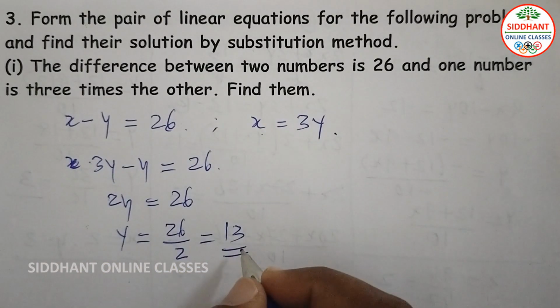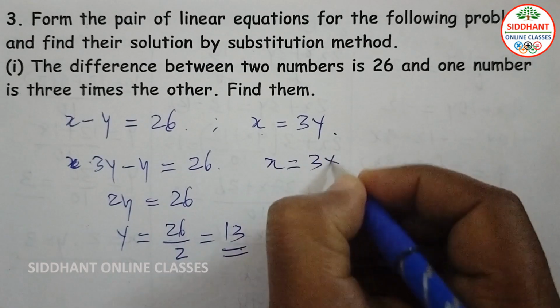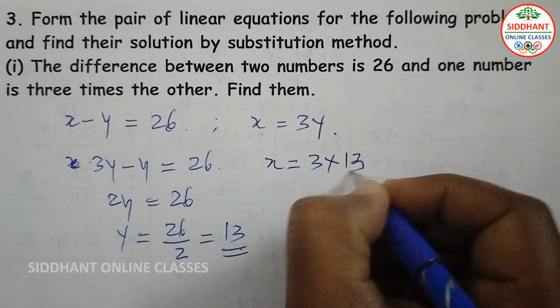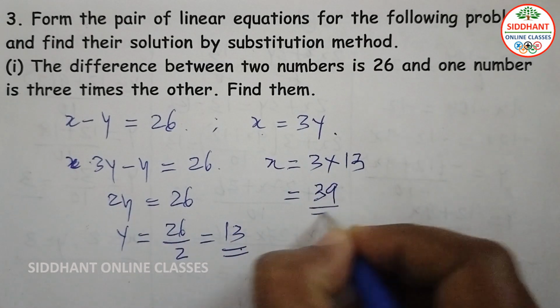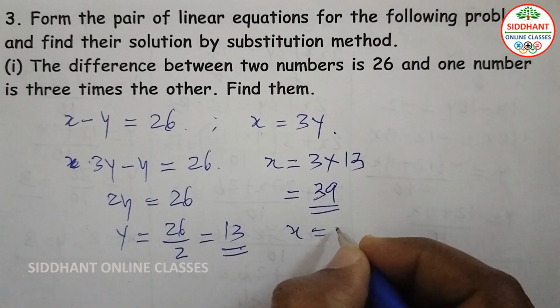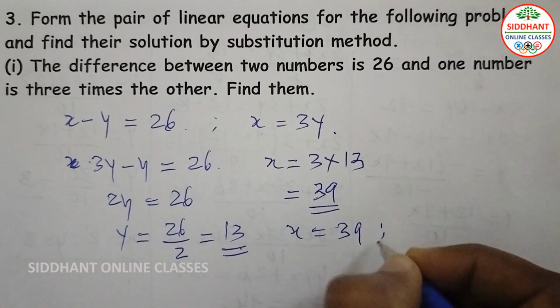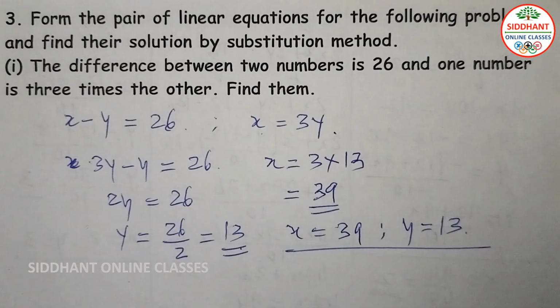So y is 13, then x equal to 3 into 13. So that will equal to 39 here. So we get x equal to 39 and y equal to 13 here.